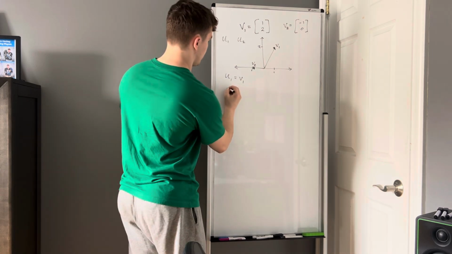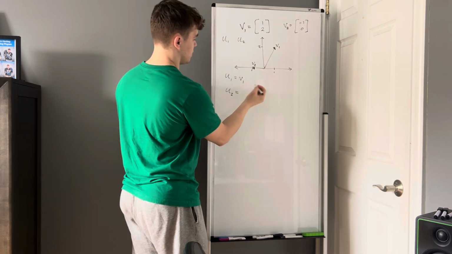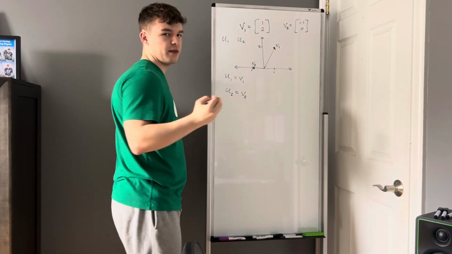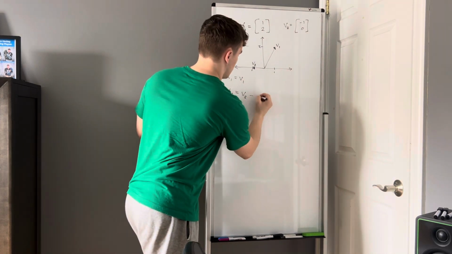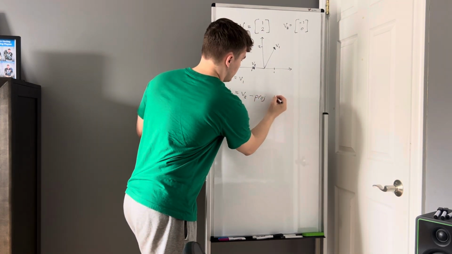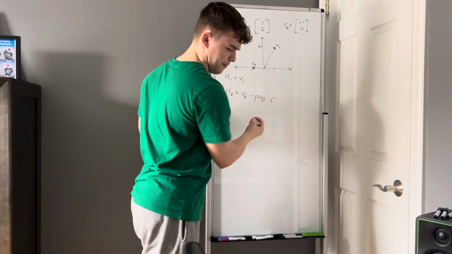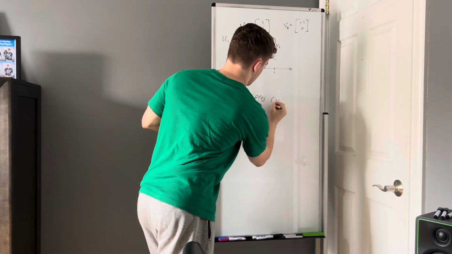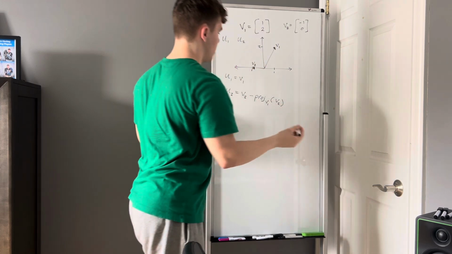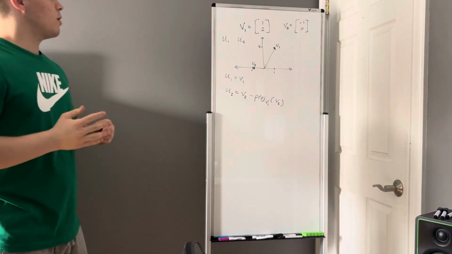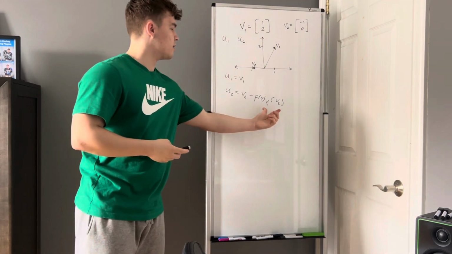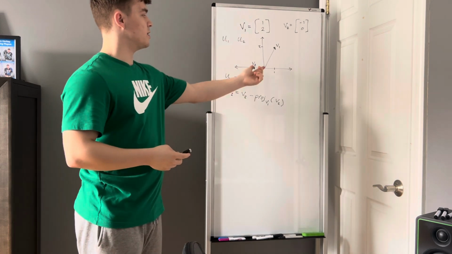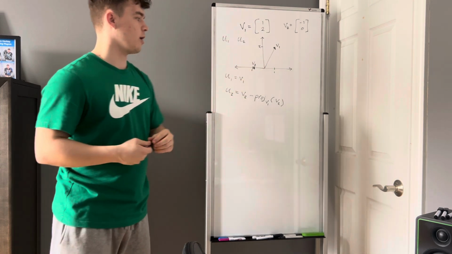So what we'll say is that U2 is V2, but then we want to subtract the projection of V2 on V1. Basically, what we're doing is taking away the part of V2 that is not orthogonal to V1.